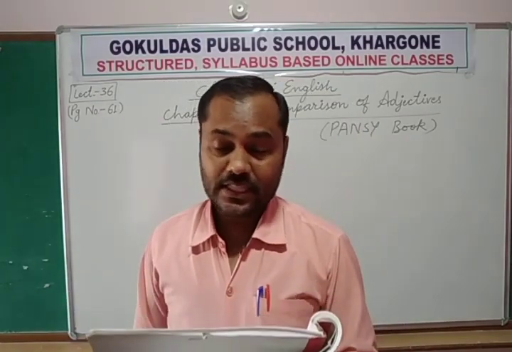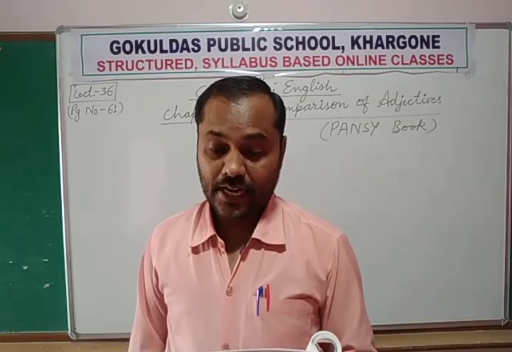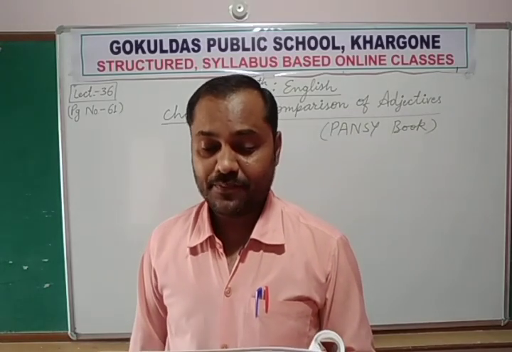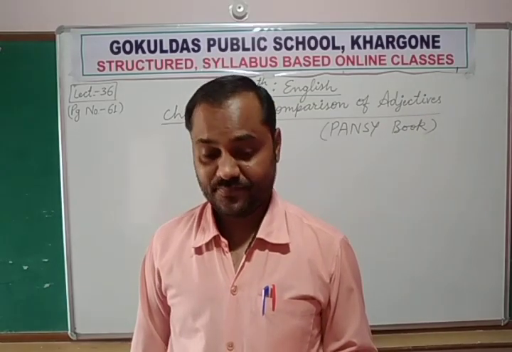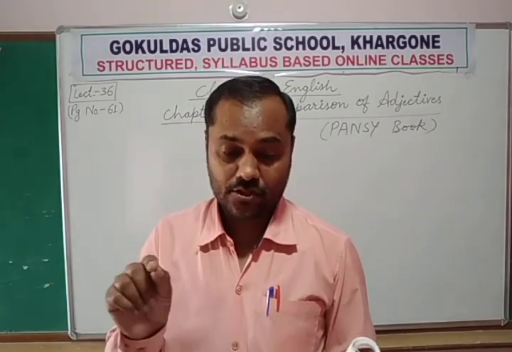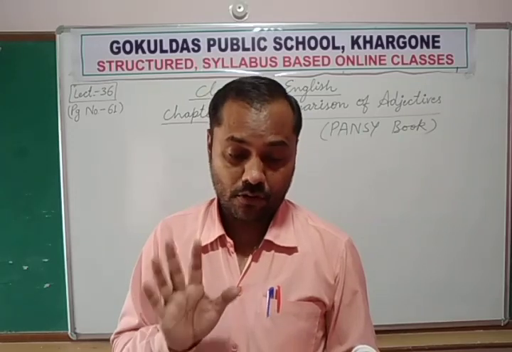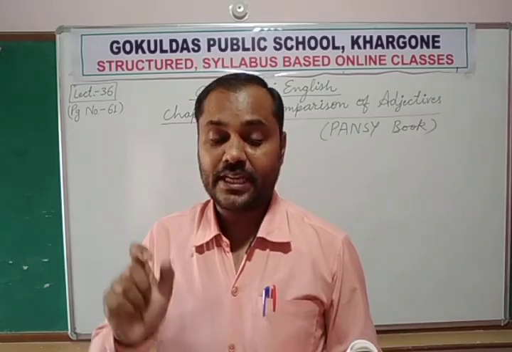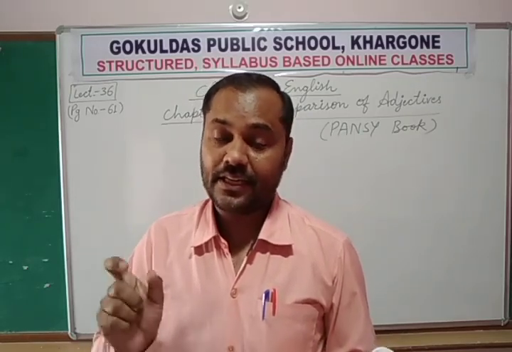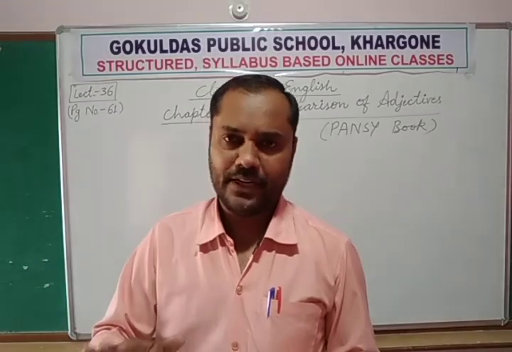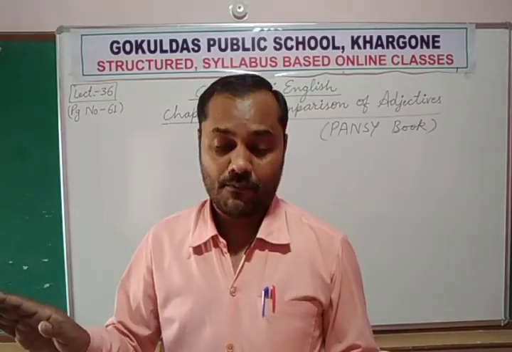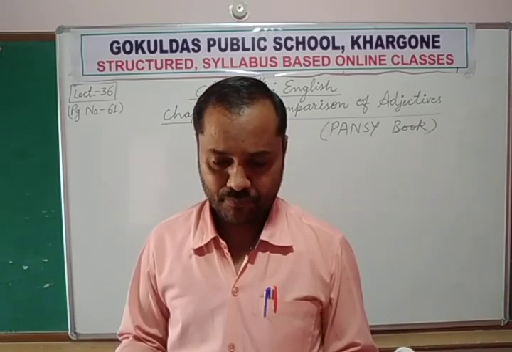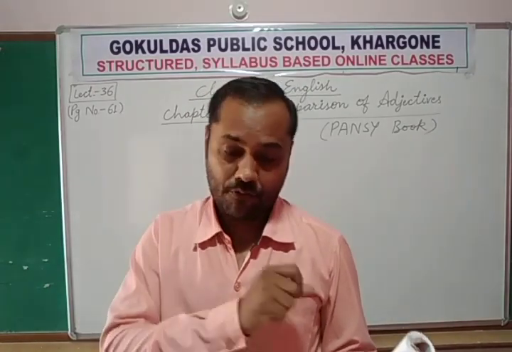In the first sentence, the adjective tall simply indicates that Ravi is tall. In the first sentence, Ravi is a tall boy. If you observe, tall simply defines that Ravi is tall. Nothing is there to compare with anybody. We are talking about only Ravi.